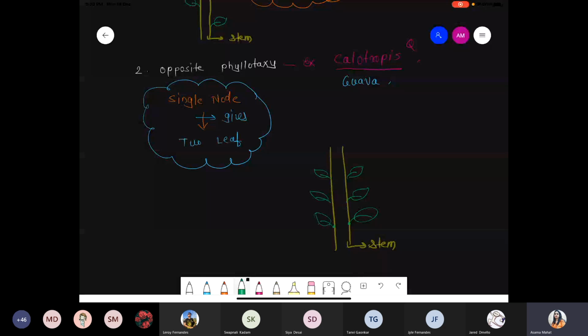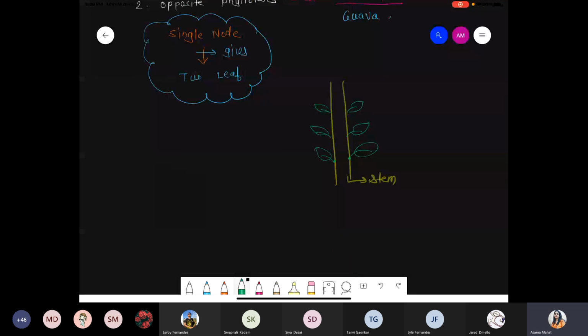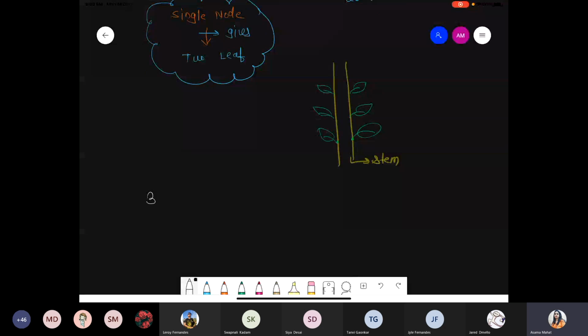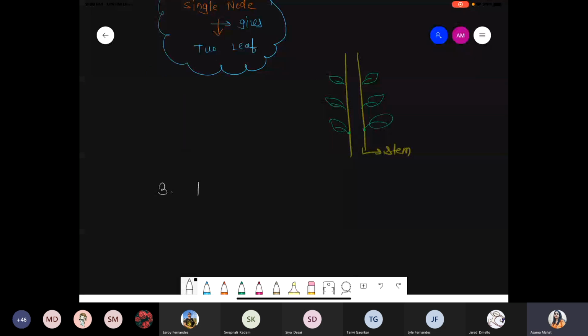What is the meaning of whorled phyllotaxy? A single node can give rise to more than two leaves.